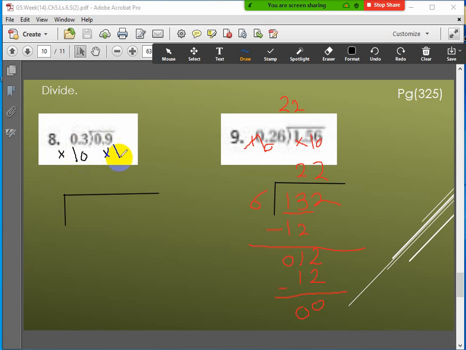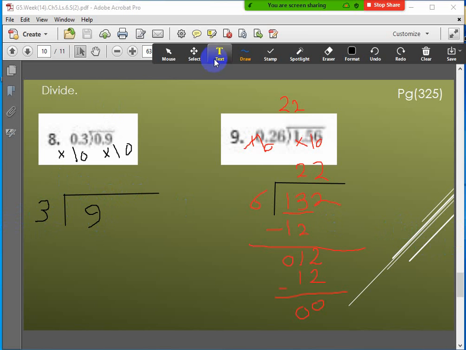Also, I will multiply the dividend with 10. So 0.3 multiply 10 equals what? 3. 0.9 multiply 10 equals what? 9. Very good. Now I want to divide 9 by 3.